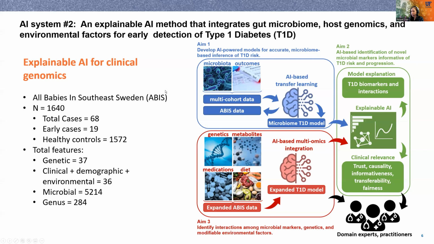And the data set I'm going to be using here is the AVIS data set, all babies in Southwest Sweden. It's about 1,600 subjects. And for these preliminary results, we're going to be merging type 1 diabetes and celiac disease as a group of autoimmune diseases for boosting the power of the model, for increasing the total number of cases versus controls.